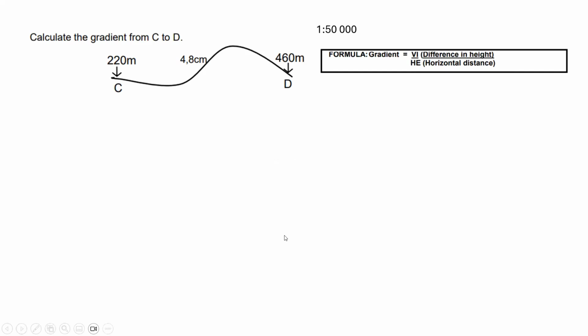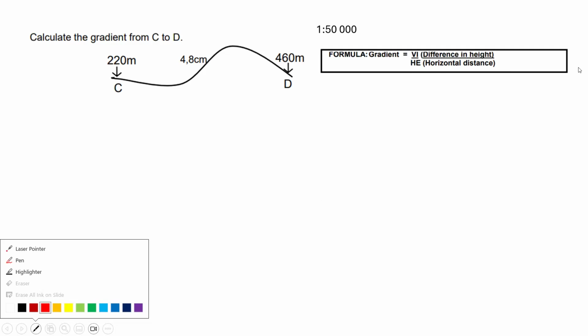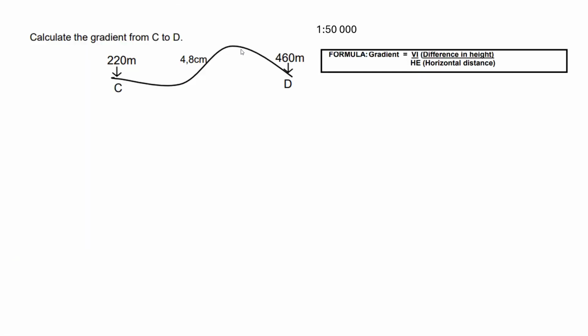So, gradient is calculated by taking the difference in height divided by the horizontal distance, and the horizontal distance we already know how to calculate. The horizontal distance is the normal way of calculating the distance on the map work that we already covered.